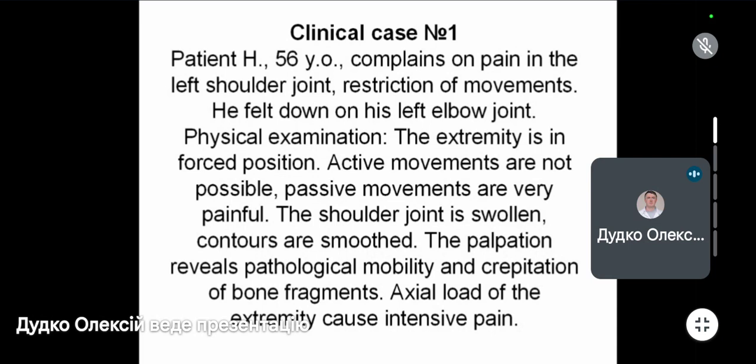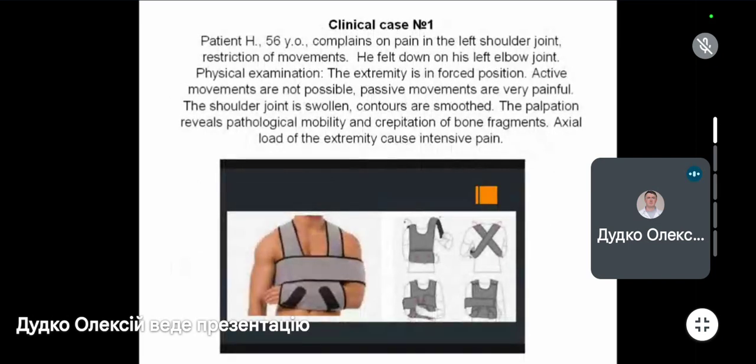Next step, you should immobilize the joint, and for this purpose you will have the bandage, which you will apply in 2 steps. First step, this is a part in which you put the patient's forearm and hang it.